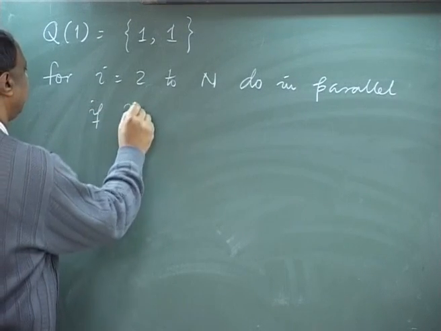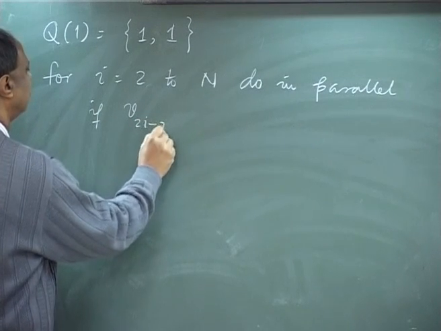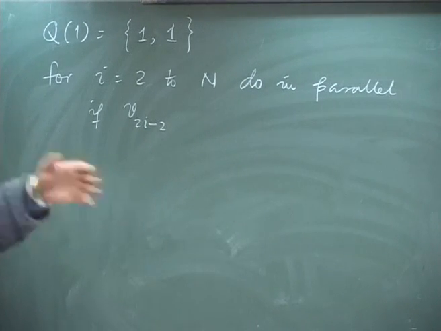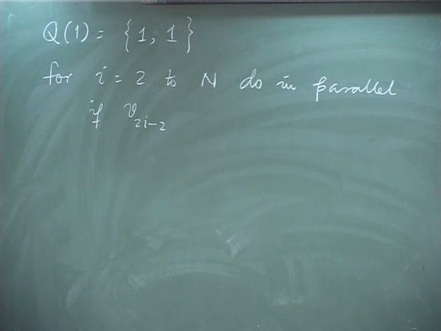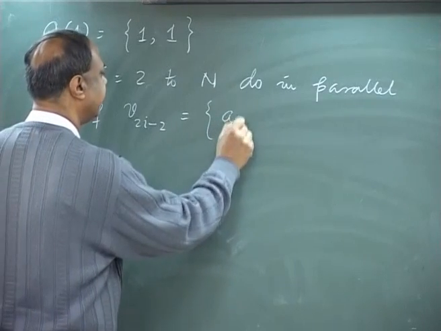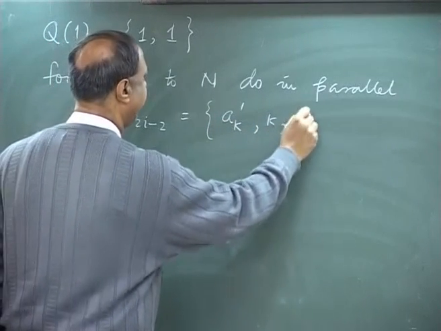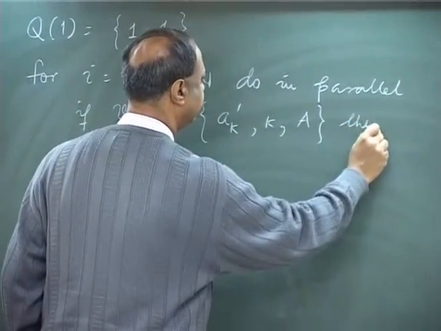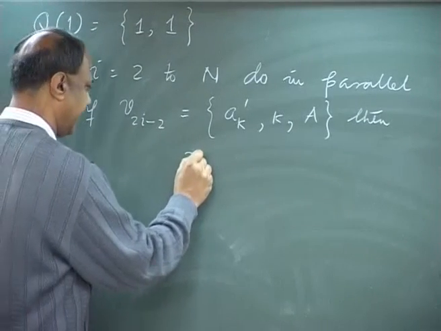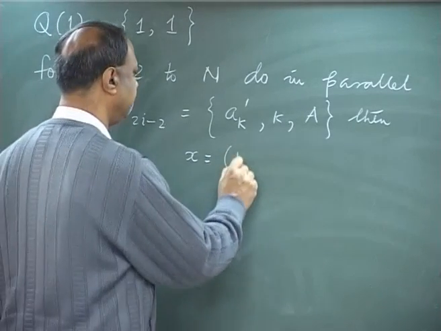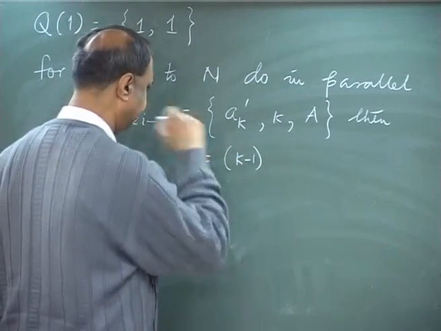If V(2i minus 2), every even index of V I am taking, because there are 2n minus 2 points and I have to get n minus 1, so I am taking all the even index values of V. If this is nothing but A_k', then x is nothing but k minus 1.